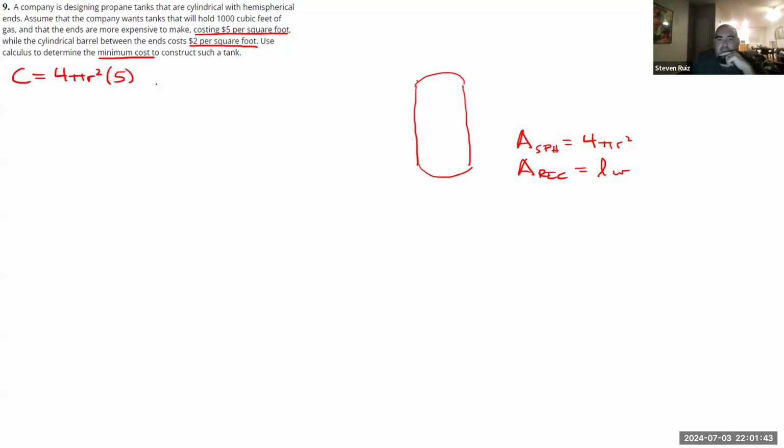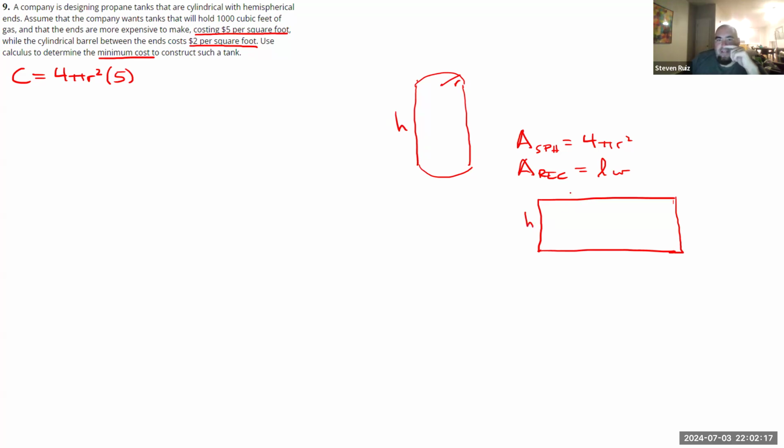And how about for the rectangular part? If I unwind this rectangle, let's say that's the radius of this spherical end, and we'll call the height of this thing h. Then this dimension of the rectangle is h.